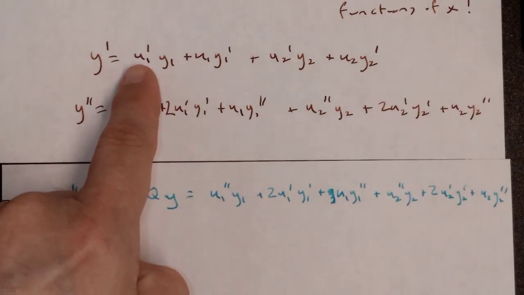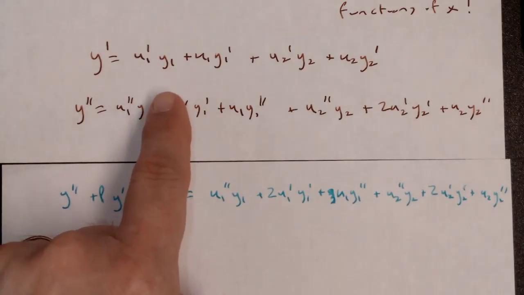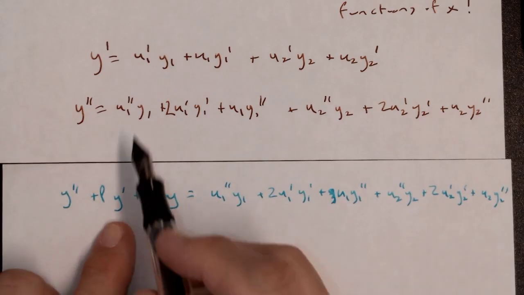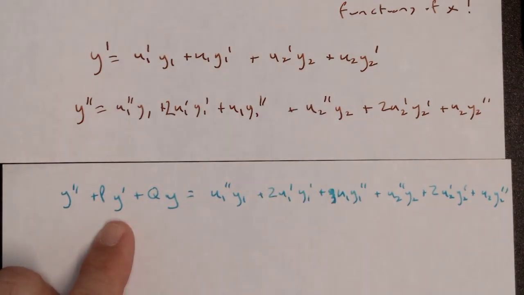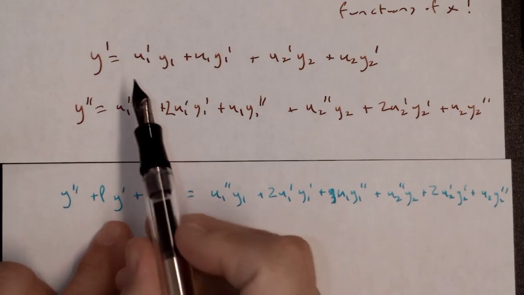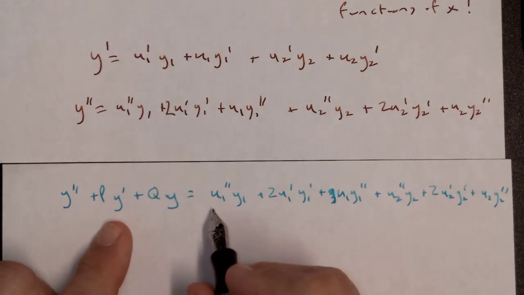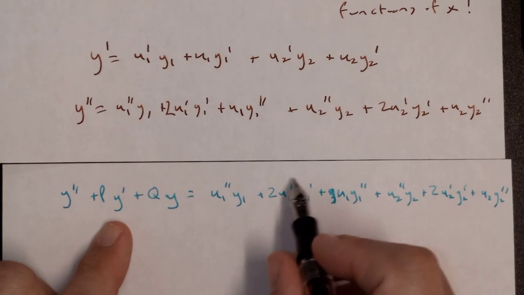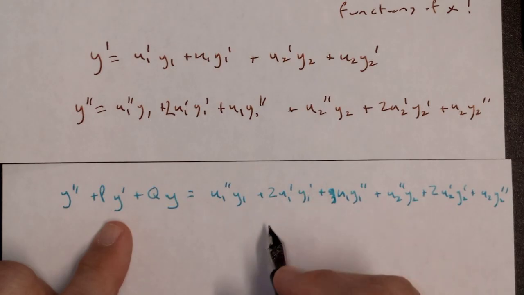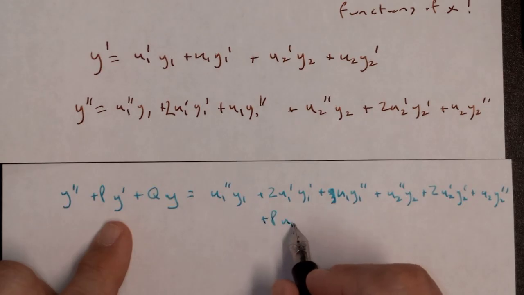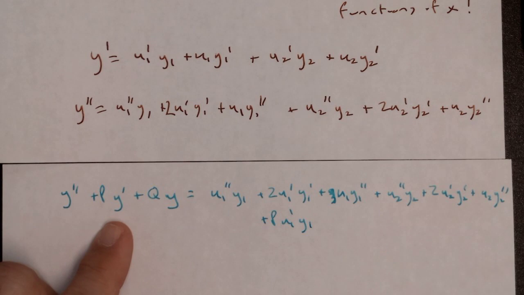It's P times u1 prime y1, right? It's P times y prime. So here's y prime. Let's line up. This is a u1 prime y1. I'm going to put it right here. P u1 prime y1. Is that where I want that?